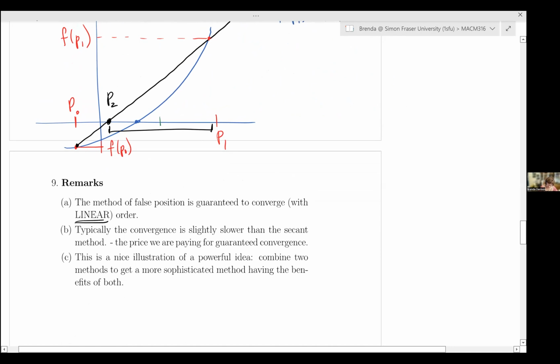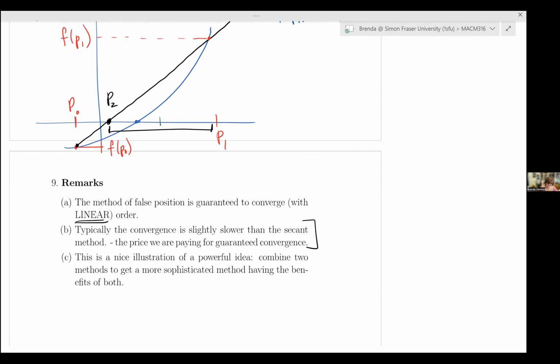You don't get any quadratic convergence, but it is a little bit faster than bisection because you are not going in the middle. You're cutting the interval a little bit more cleverly. It's typically slightly slower than the secant method, and we're paying that price for guaranteed convergence.